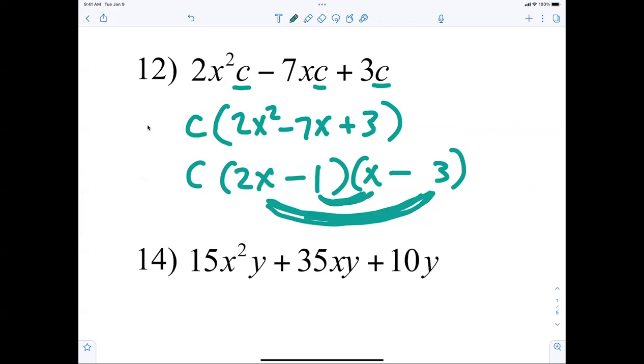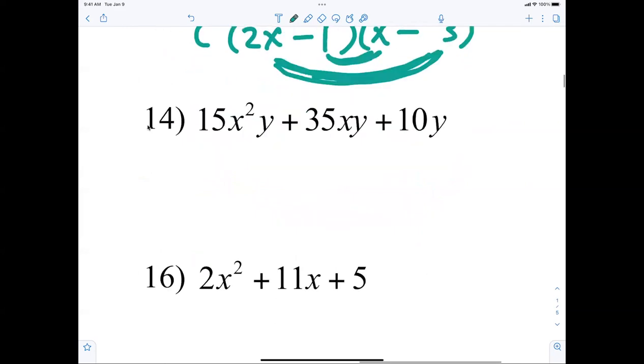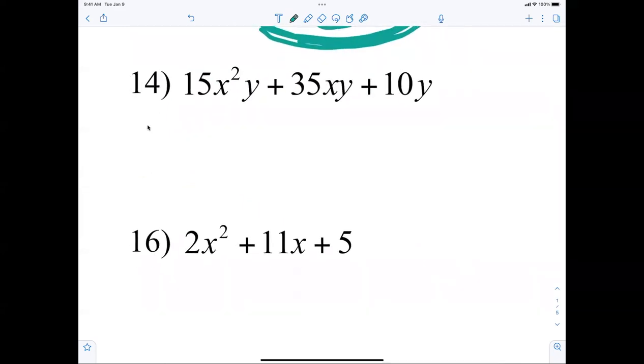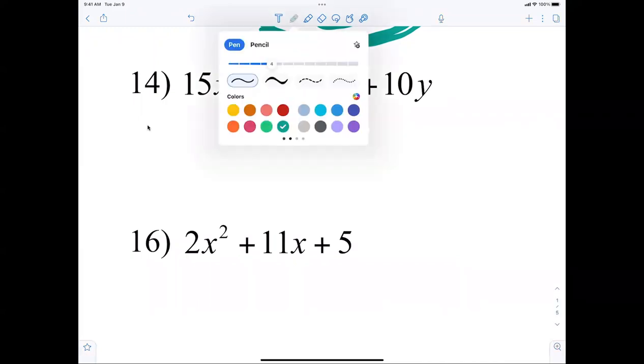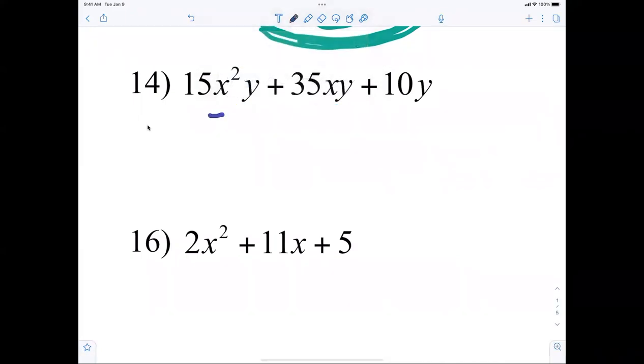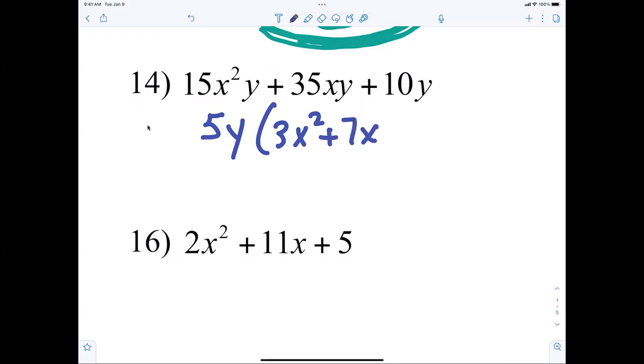All right, come on, guys, help me. Number 14, GCF. 5. What else? Just 1. 5y is the GCF. 3x squared plus 7x plus 2. Nice. There you have it.